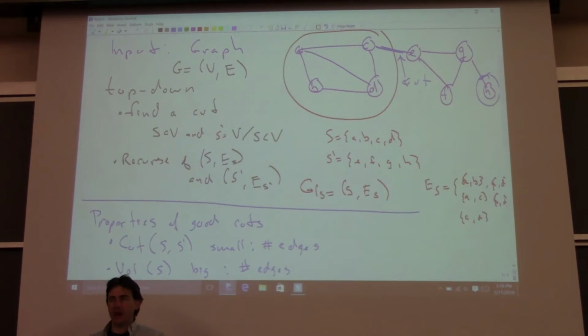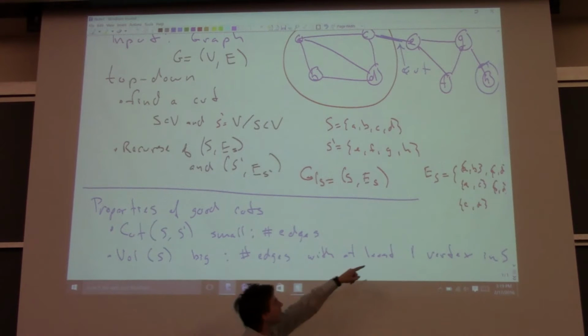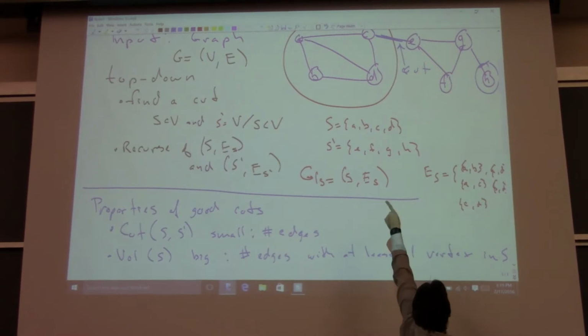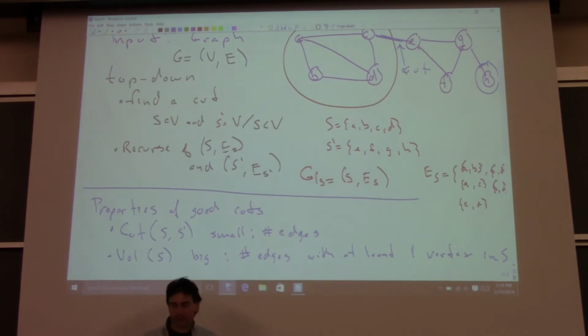The quantity we really care about turns out to be the edges: the number of edges with at least one vertex in S. So in the example we have up here, this cut for S is going to have these 5 edges I've talked about, between the ones inside of it, but also this edge CE. I'm going to count that one as well. So in this case, the volume is going to be 6.